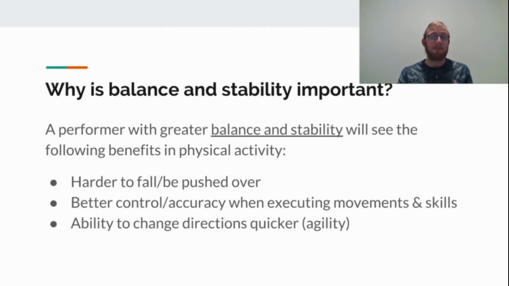They will have a better ability to change directions quickly, and that's what we call agility. So if they're stable and balanced, they'll be able to move in any direction quickly as opposed to being unbalanced where they would have to correct their balance first before they could move off in a different direction. And lastly, there's less risk of being injured if you are more stable and balanced.